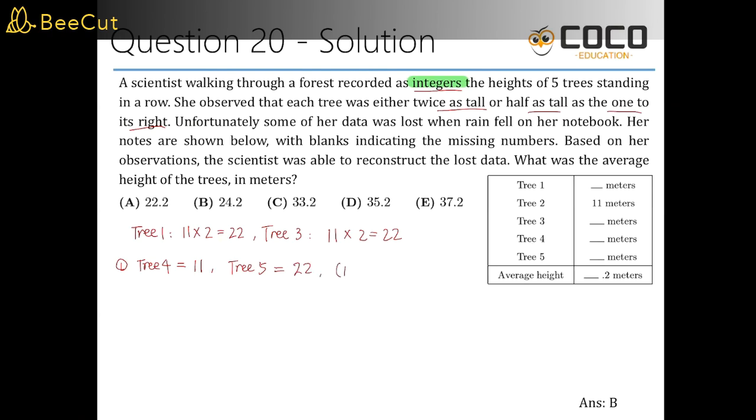We add all 5 of them together. 22 plus 11 plus 22 plus 11 plus 22. Then divide by 5. Divided by 5, this is 17.6. So this is not one of the answers. This one is wrong.